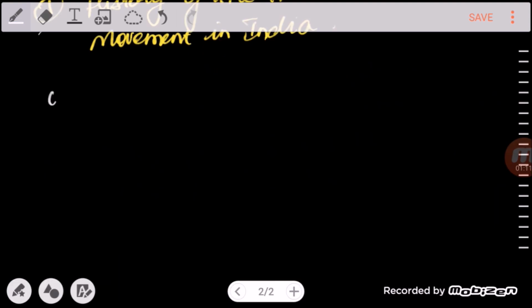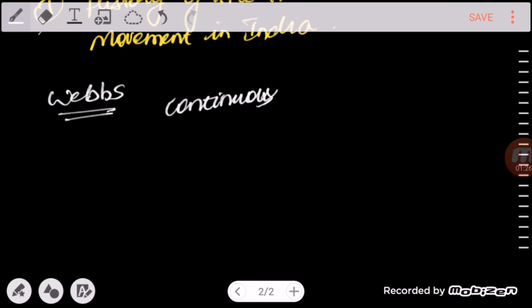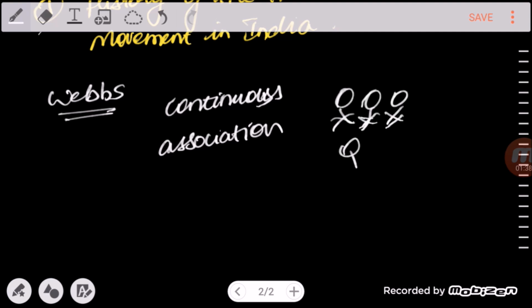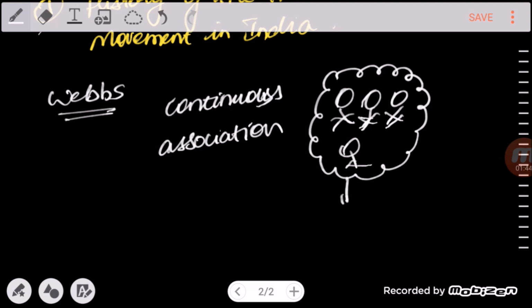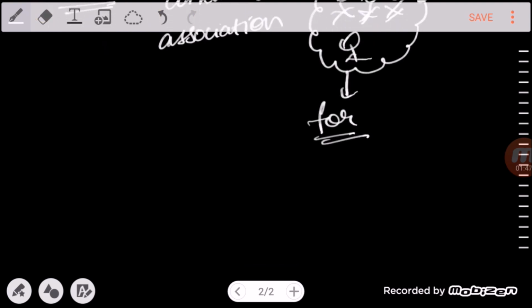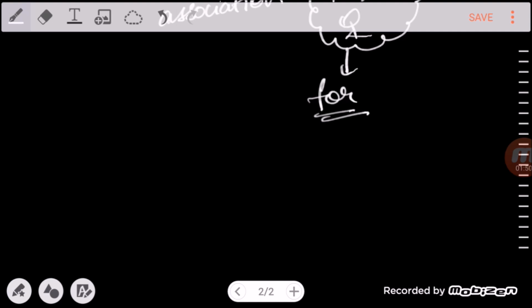Webb's, W-E-B-B-S, Webb's has defined trade union as a continuous association of wage earners. Why is this association created? For maintaining or improving the conditions of their working lives.